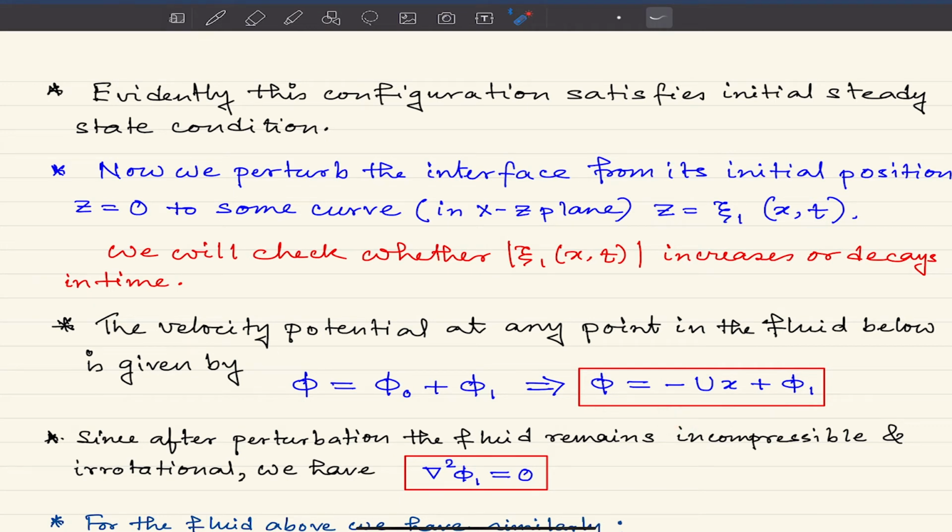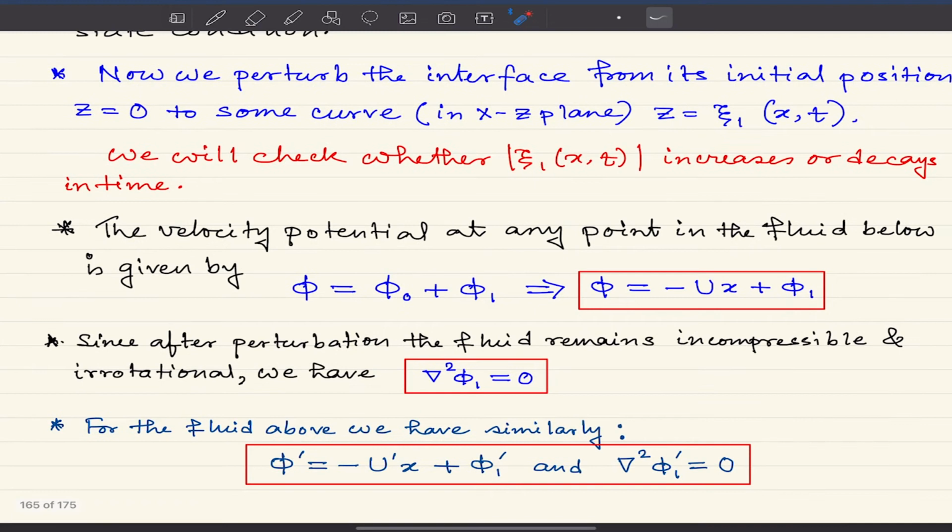Now after perturbation the fluid remains incompressible. That is of course true, otherwise there will be a big problem in our assumption. And also irrotational.